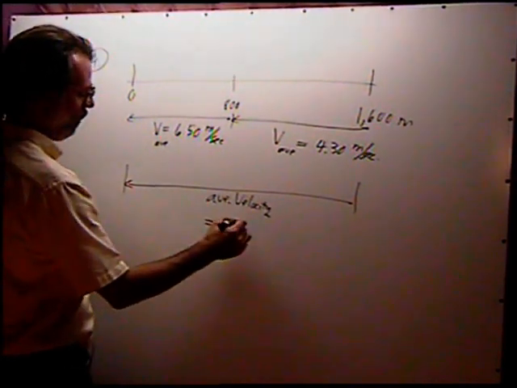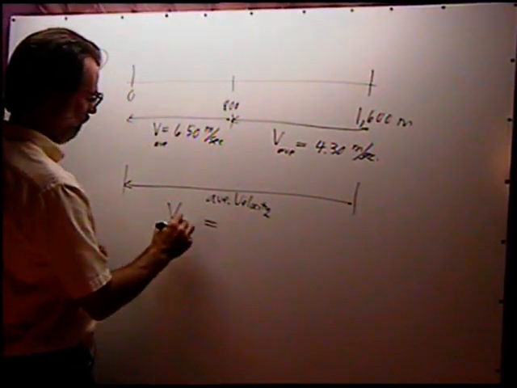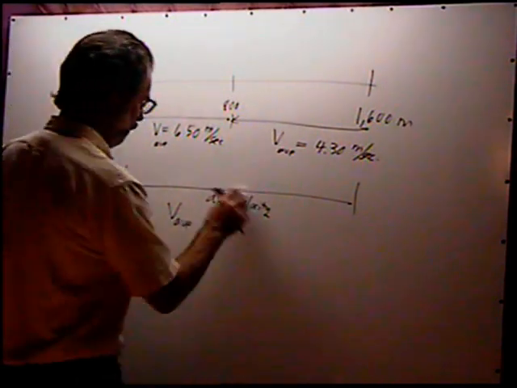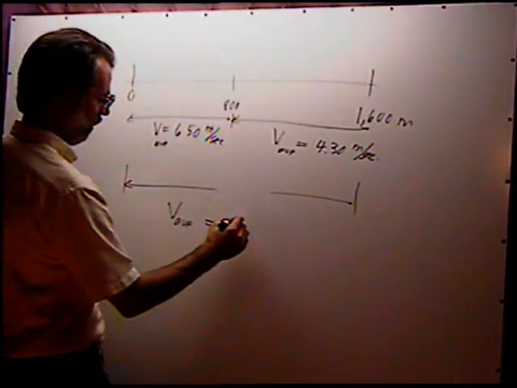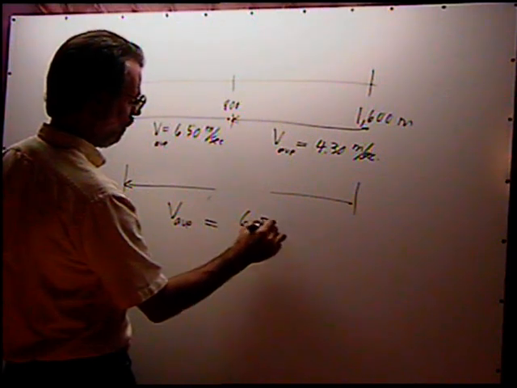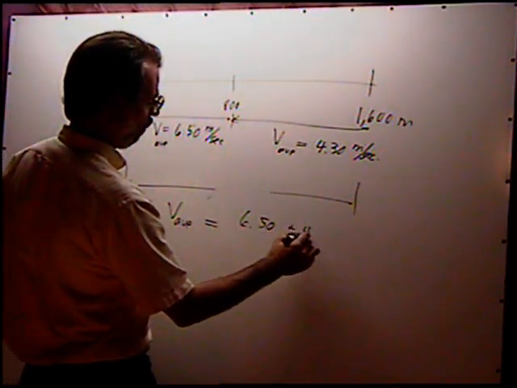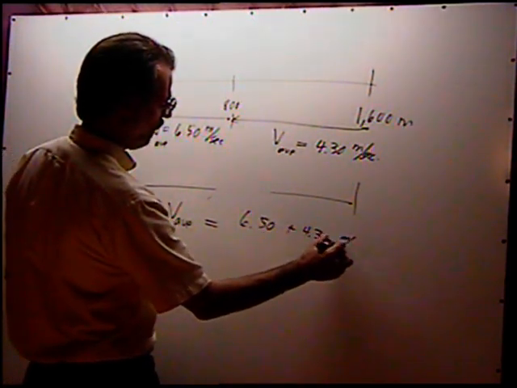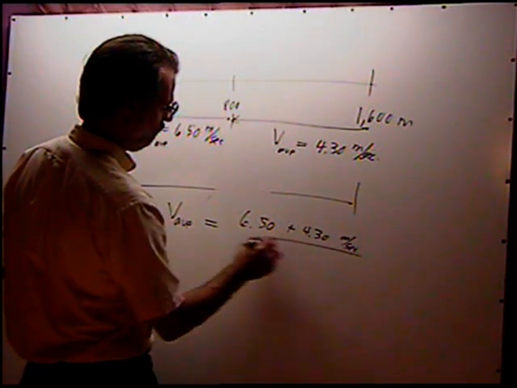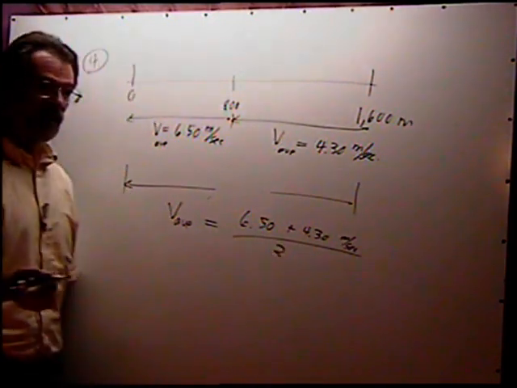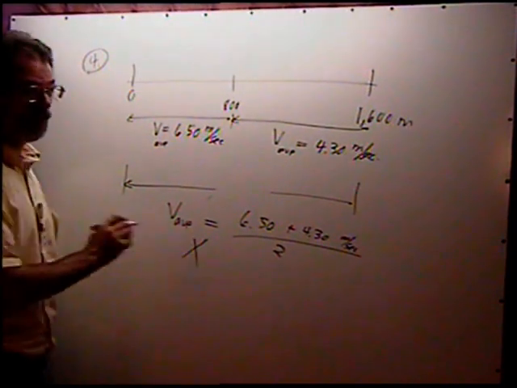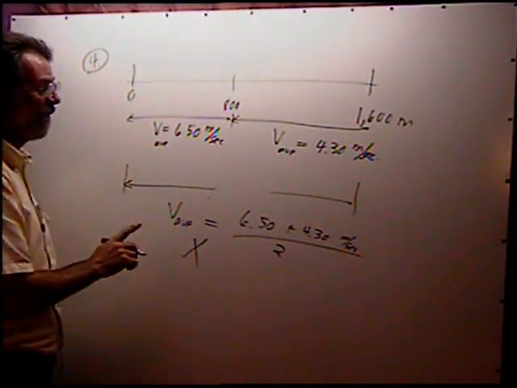They would say the average velocity is 6.50 plus 4.30 meters per second, divided by 2. Is that right or wrong? That's wrong. That's not the right answer.